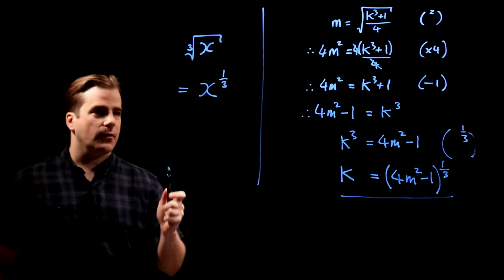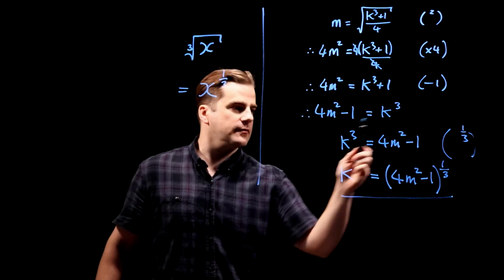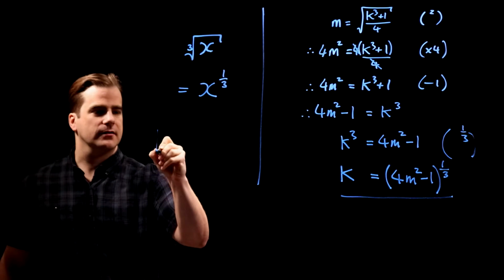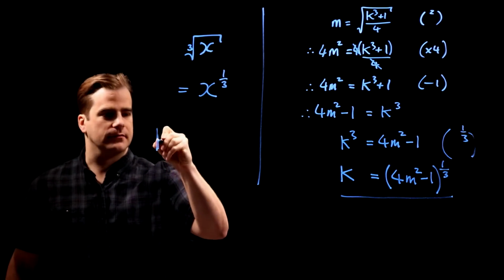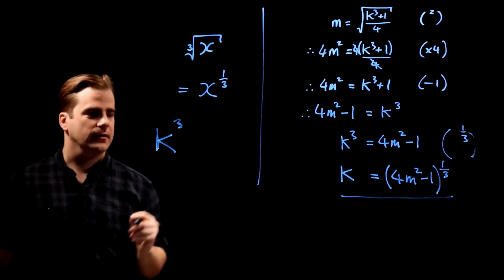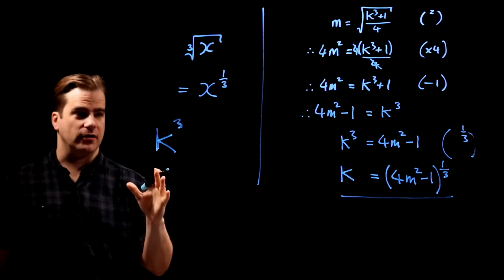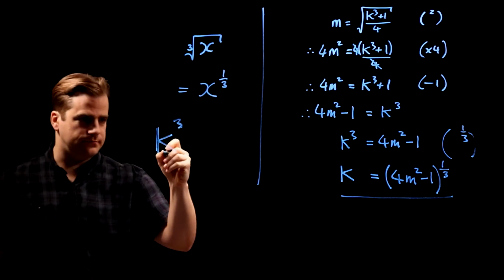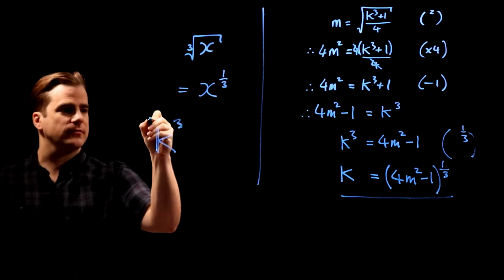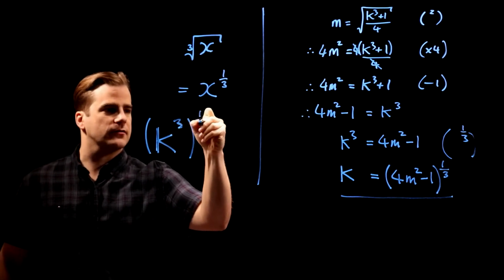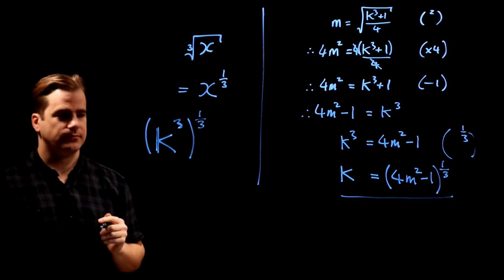Just quickly go over this power thing, the power rules, okay? We had k cubed, and we raised that to a power of a third. So in going from there to there in detail, what we did is this: we had k cubed, and we raised the whole thing to the power of a third, like that.